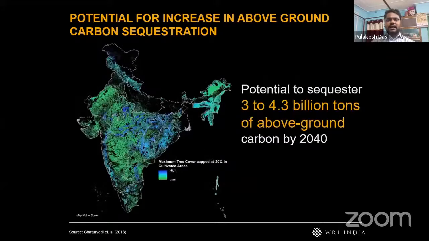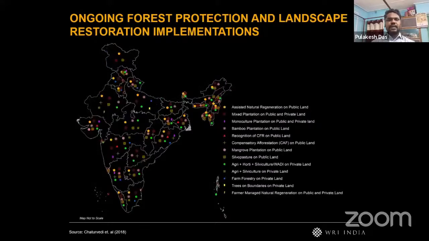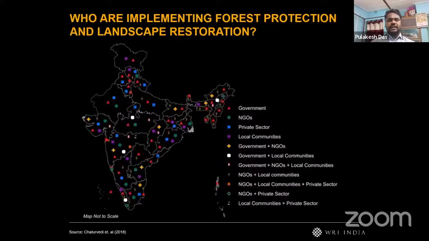And this is a carbon sequestration potential map, and it shows that about 3 to 4.3 billion tons of above ground carbon can be sequestered by 2040 if we do proper interventions. And these are the ongoing forest interventions taking place at different areas.